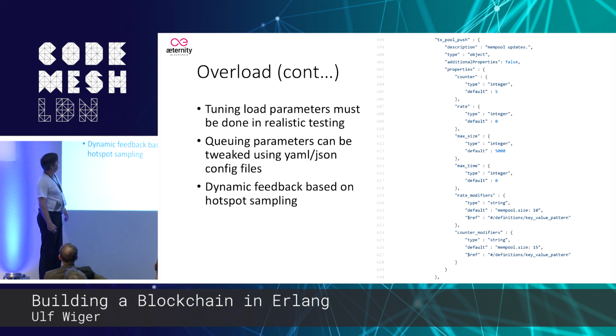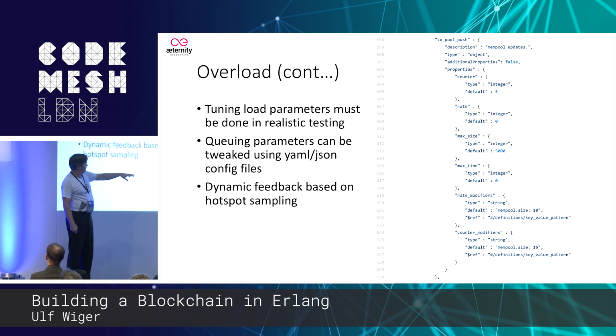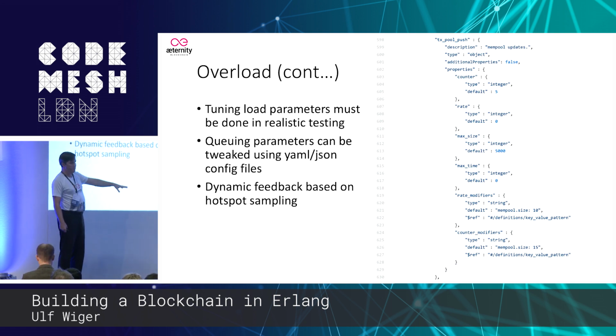And you need to be able to tweak that in a realistic test environment: you spin up a test network, start your load generators, and then you try to kill the system with overload. So what we've done is that we have a JSON schema, so you can parameterize the system using YAML or JSON config files.